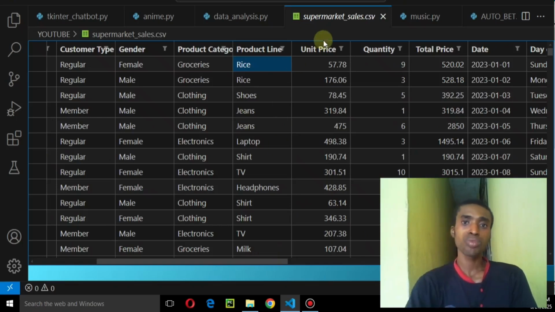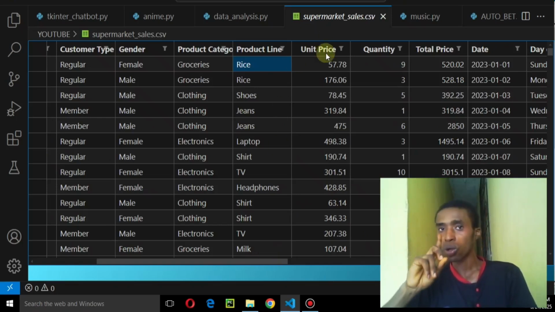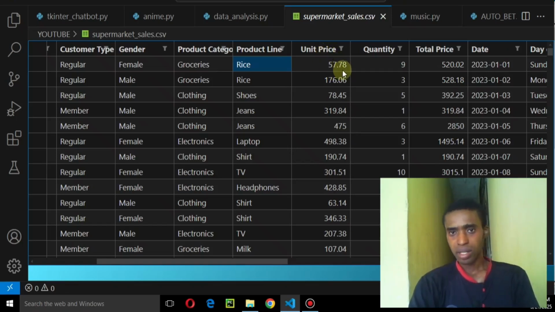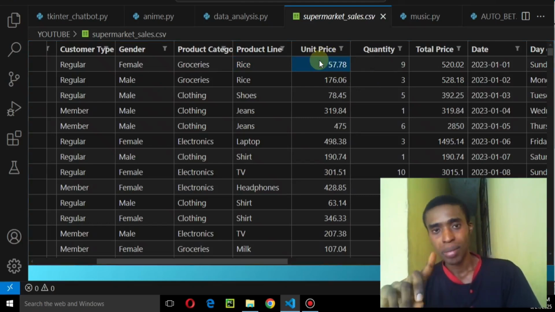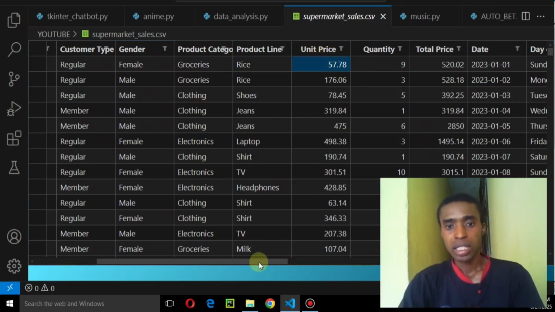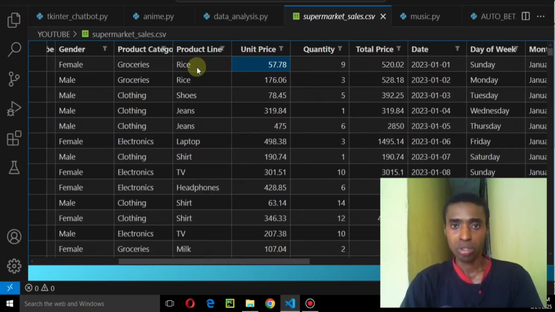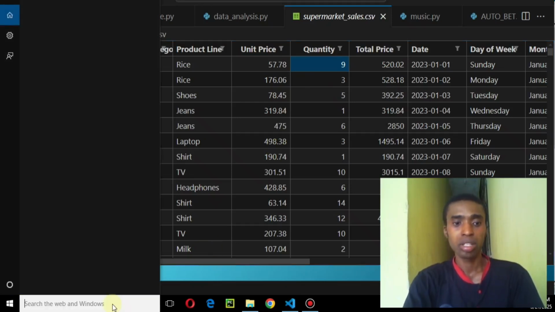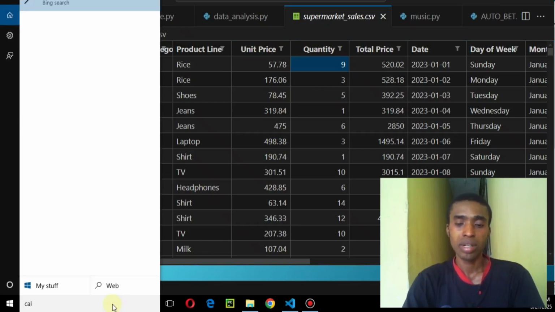Unit means one, so one bag of rice is 57.78. Unit price is just how much one bag of rice is. Then we look at the quantity that you bought. You bought 9, so for the total price, it is 57.78 times 9. Let's bring up my calculator so we can understand everything well.